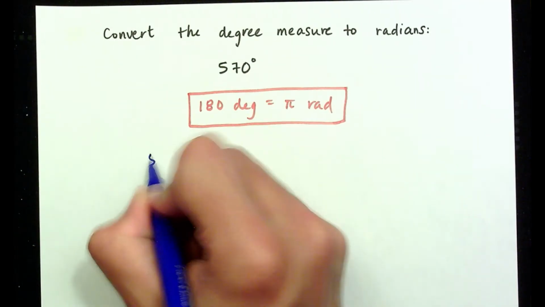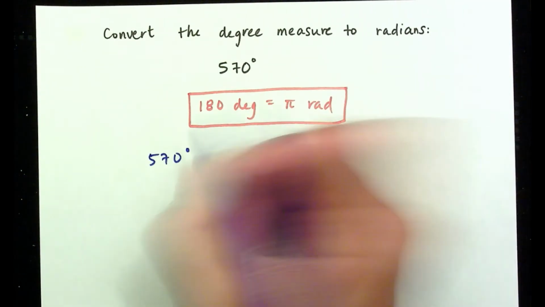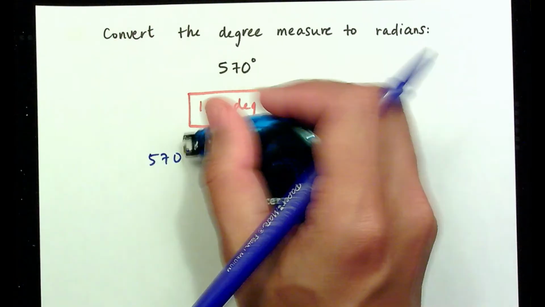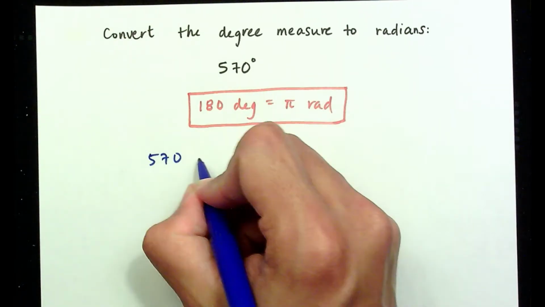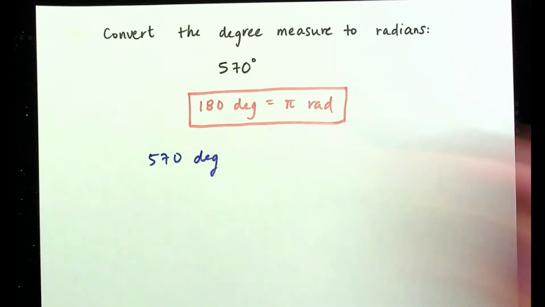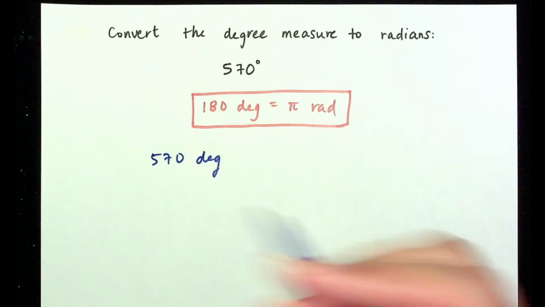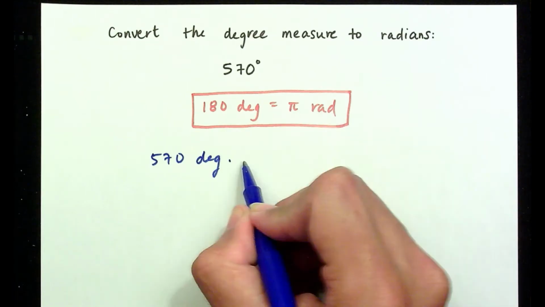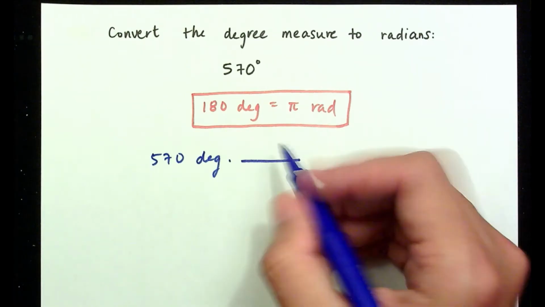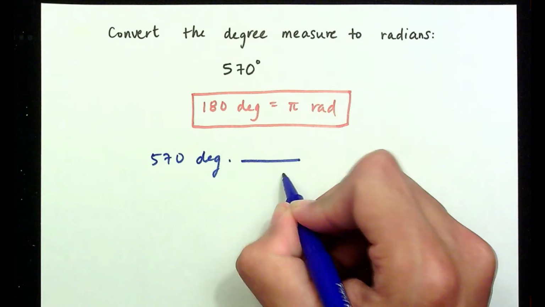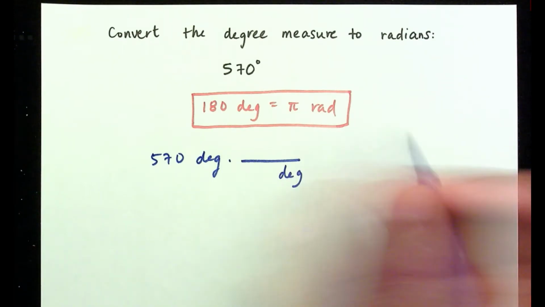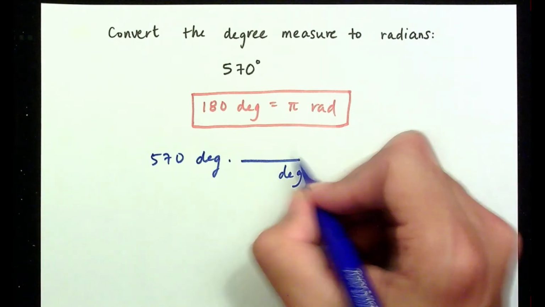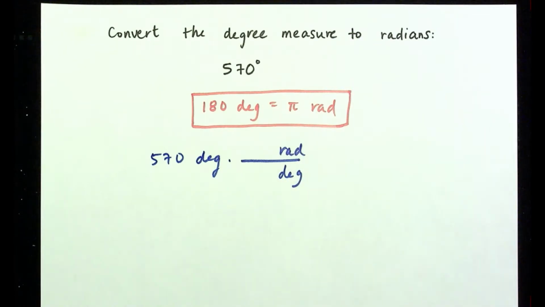So multiply 570 degrees, and I prefer writing the word out so that I can see it canceling. You multiply by the relationship between degrees and radians in the form of a fraction in such a way that the degrees cancel. So I need to put degrees on bottom so they cancel, and then radians goes on top.